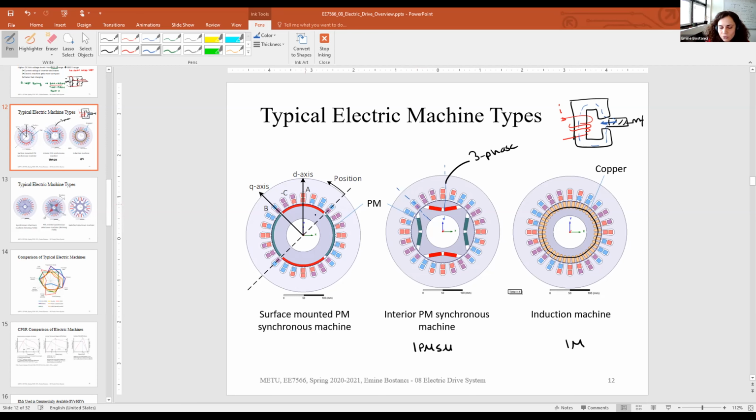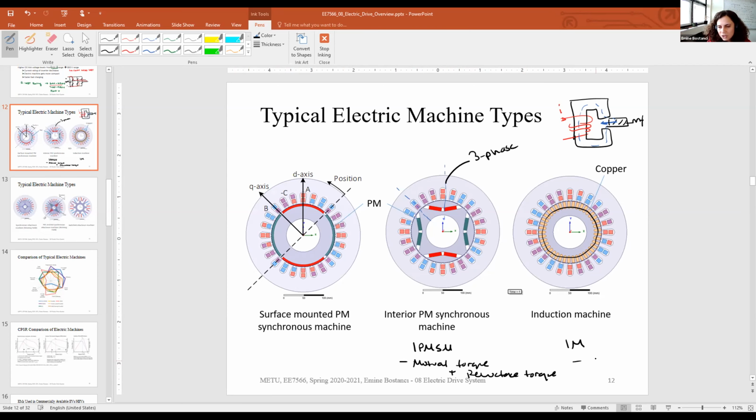But in this case, if you remove the magnets, the reluctance in the Q direction and the reluctance in the D direction are just going to be the same, so we don't expect to have any reluctance torque. Same thing here. Here we also have some reluctance effect. So let's say mutual torque plus reluctance torque.